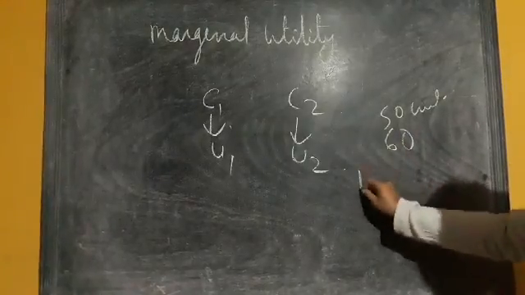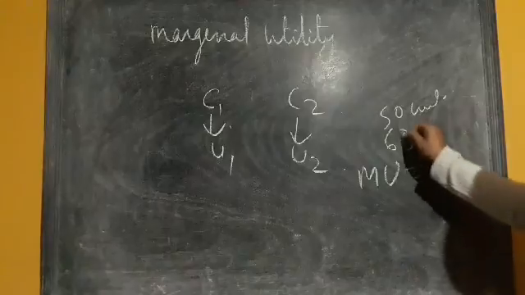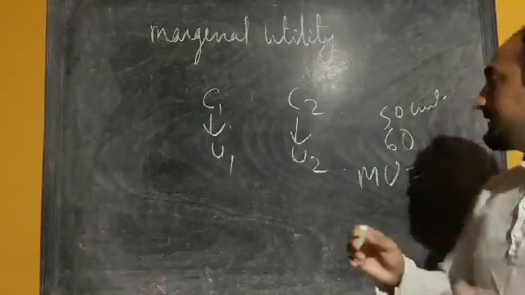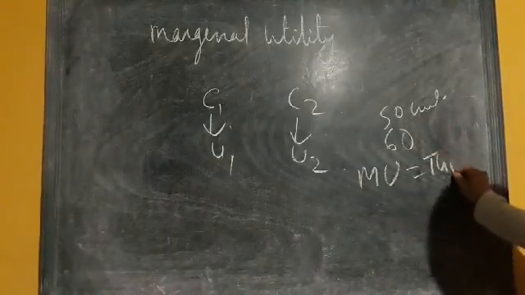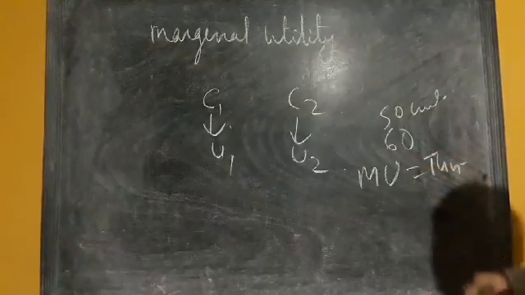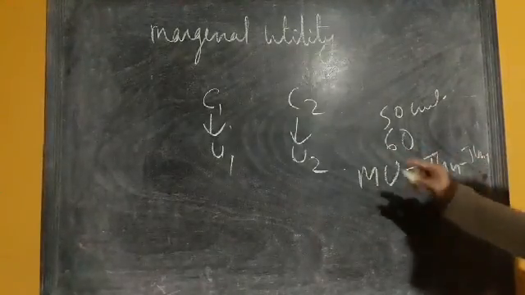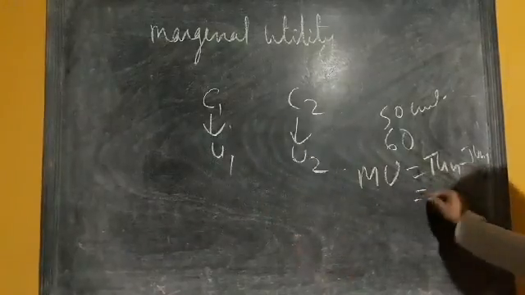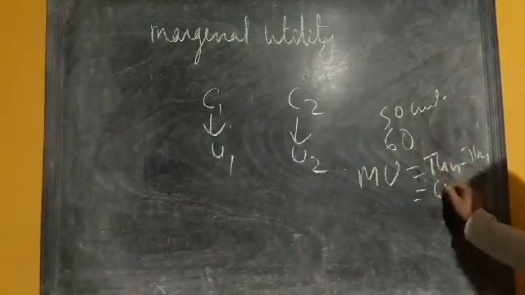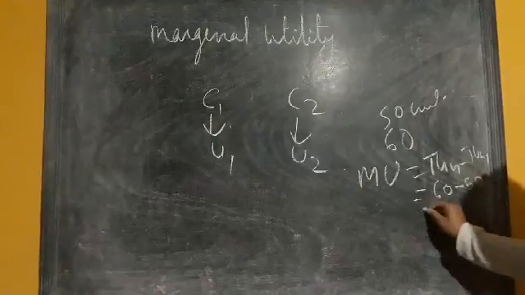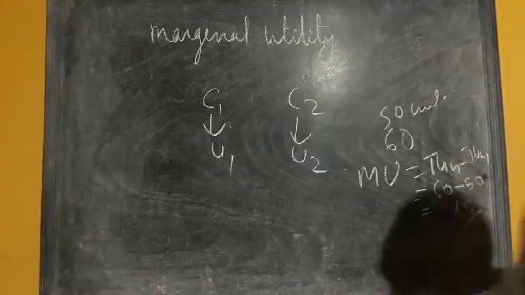Now when you are asked to find marginal utility, we get marginal utility MU equals TUn, total utility from nth item minus total utility from n minus 1 item, means previous item. So here marginal utility will be 60 minus 50, so here we'll get 10.